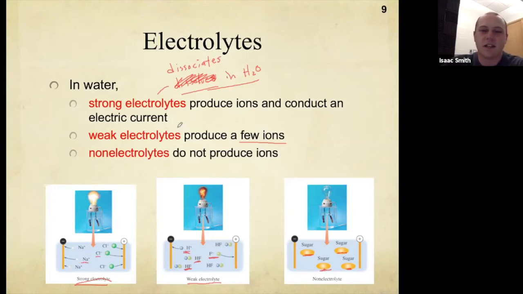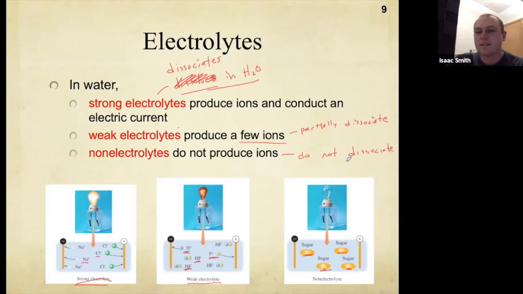A weak electrolyte produces few ions, it partially dissociates in water. And then non-electrolytes, they do not dissociate. So like sugar doesn't dissociate into separate ions. That's what that word means.